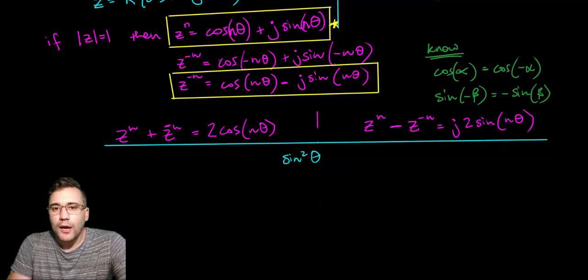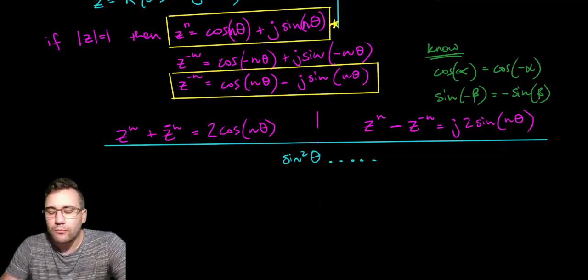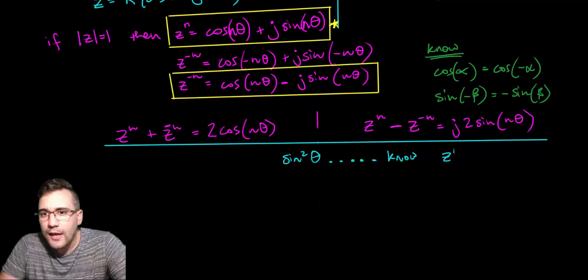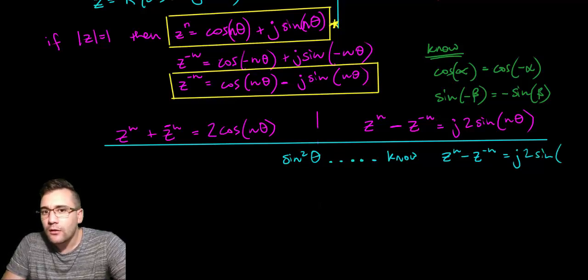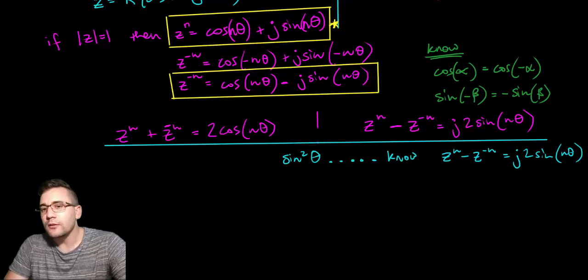So, okay, let's just pause for a minute and have a think. What do we know? We know if we take z to the n minus z to the negative n, we get j2 sine n theta, right?